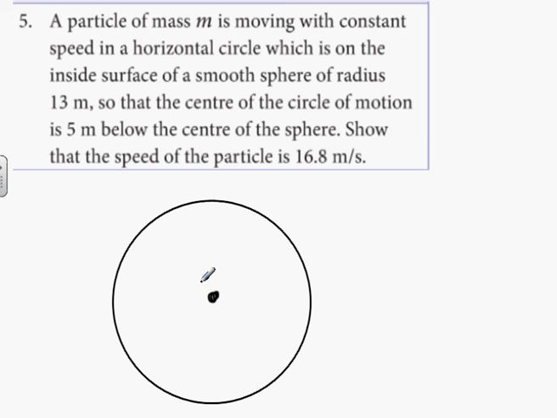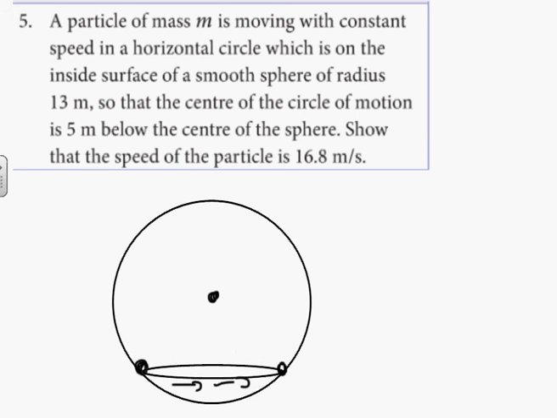So you're here, and you're undergoing circular motion, like so, on the inside. Everybody picture that? So you're traveling around, and then on the way back, constantly circling in there.